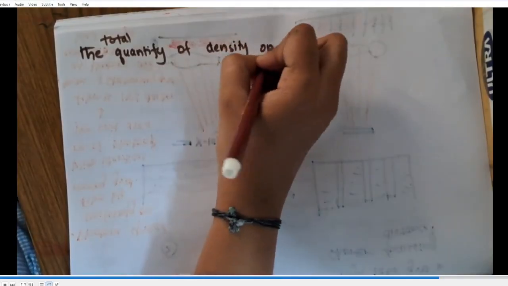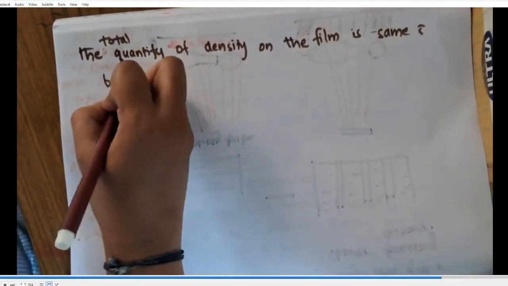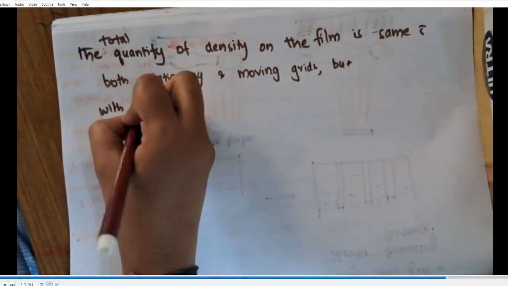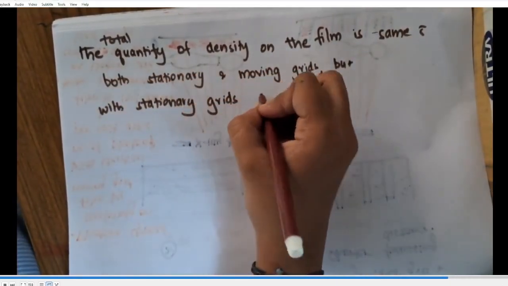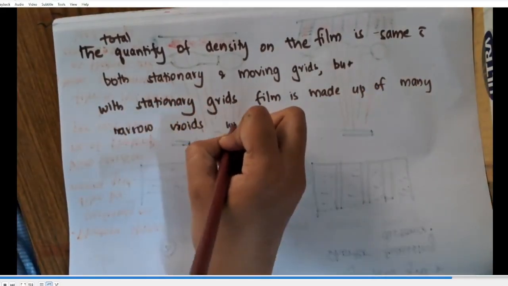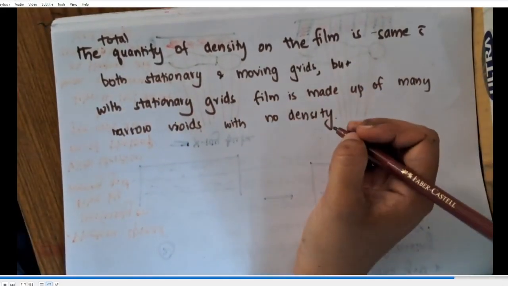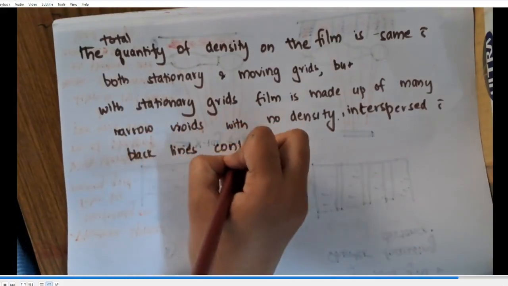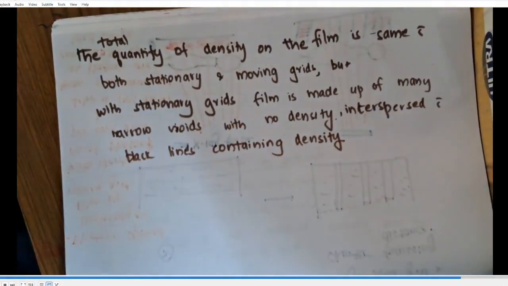Then the total quantity of density on the film is the same with both moving grids and stationary grids. But with stationary grids, the film is made up of many narrow voids or grid lines containing no density, interspersed with black lines containing all the density.